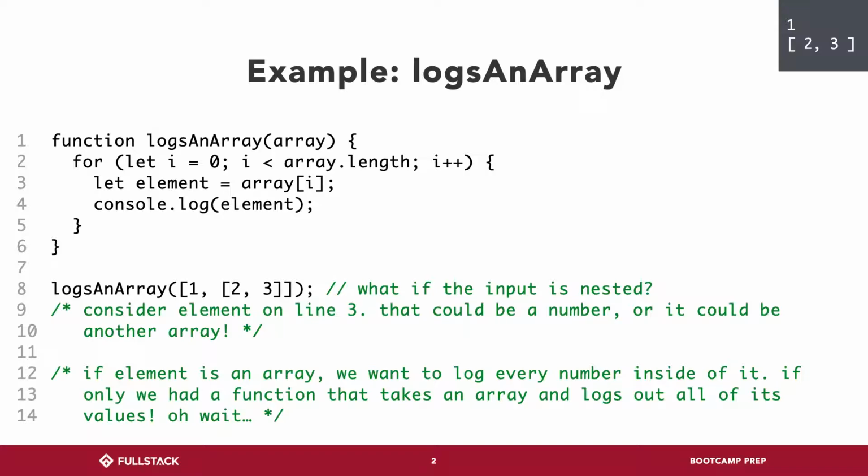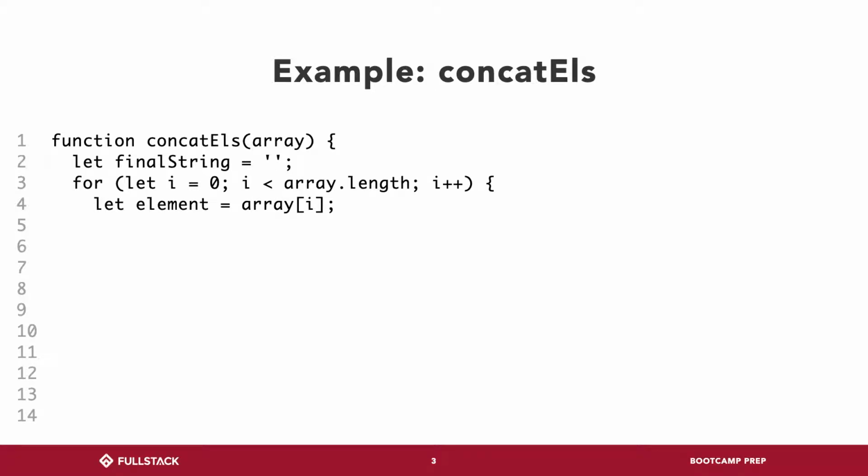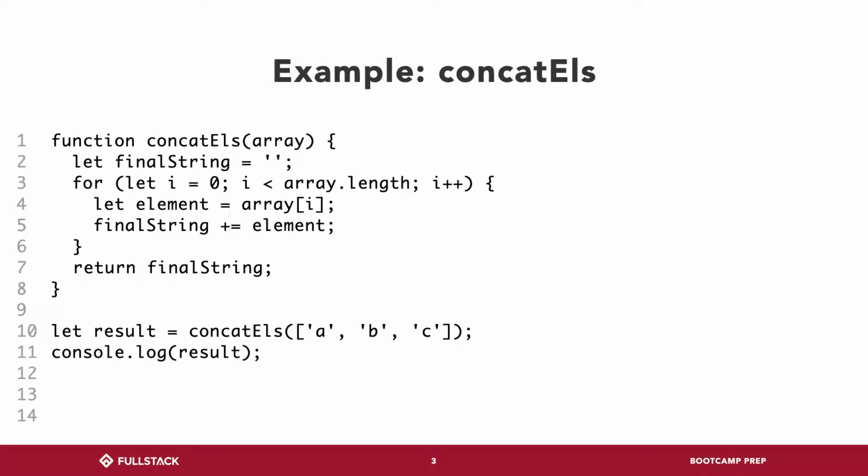If the element is an array, we want to log every number inside of it. If only we had a function that takes an array and logs out all of its values. Oh, wait. So you see here that this function concat_else will create a string, loop through the array, and at each element inside that array, we put it into this final string, and then we just return the final string.